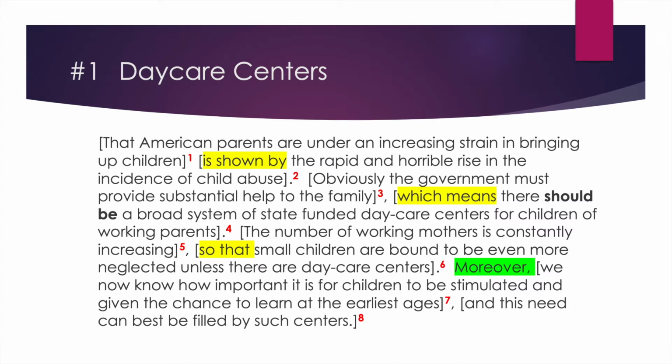Then the third assertion, in the second sentence: "Obviously the government must provide substantial help to the family, which means there should be a broad system of state-funded daycare centers for children of working parents." That second sentence I've also made into 2 different assertions.